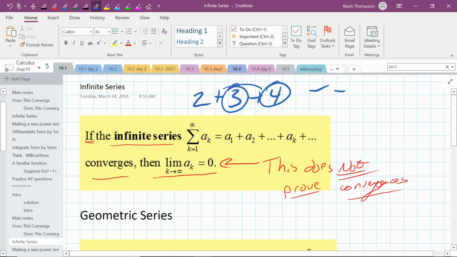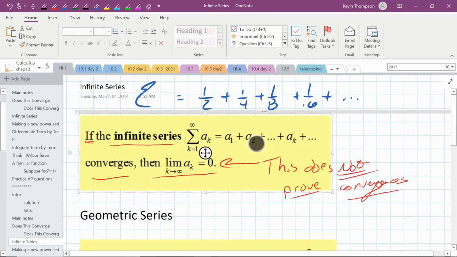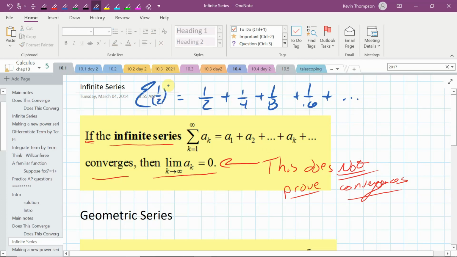So, example, think about what we just wrote. A half plus a quarter plus an eighth, plus a 16th, plus et cetera. That summation of one half to the n, n equals 1 to infinity. Do you notice that the terms are getting closer to 0?